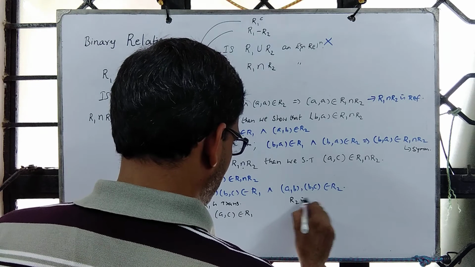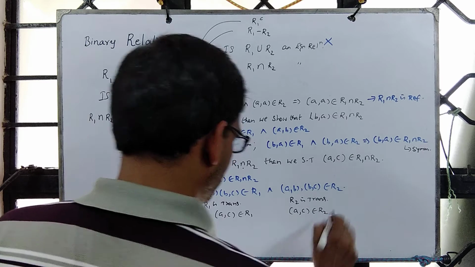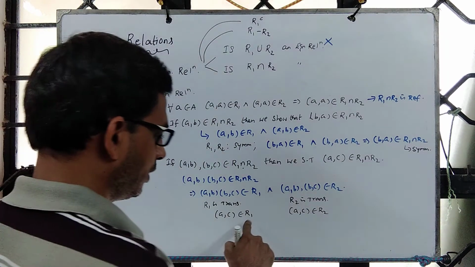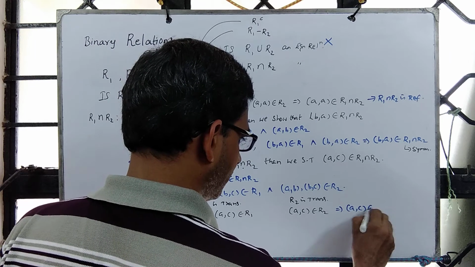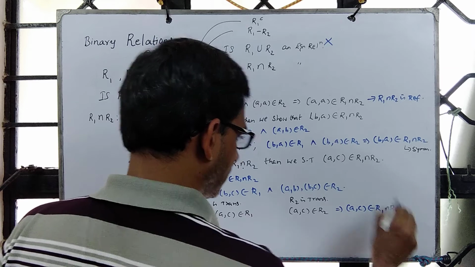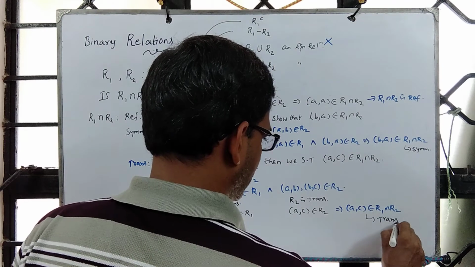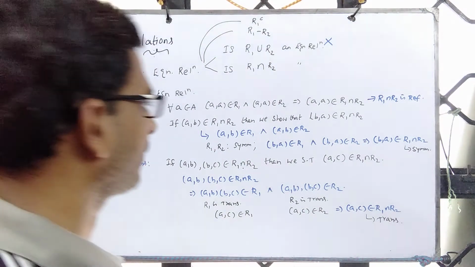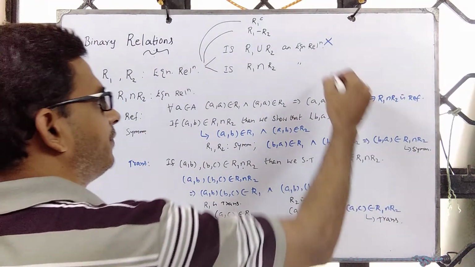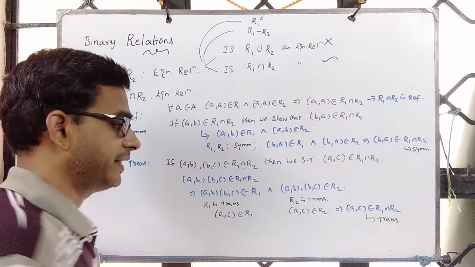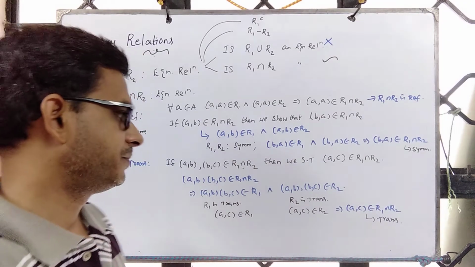We know that R2 is transitive, which means (a, c) belongs to R2. So (a, c) belongs to R1 and (a, c) belongs to R2, which implies that (a, c) belongs to R1 intersection R2. So R1 intersection R2 is transitive. Since it satisfies reflexivity, symmetry and transitivity, we conclude that R1 intersection R2 is an equivalence relation.